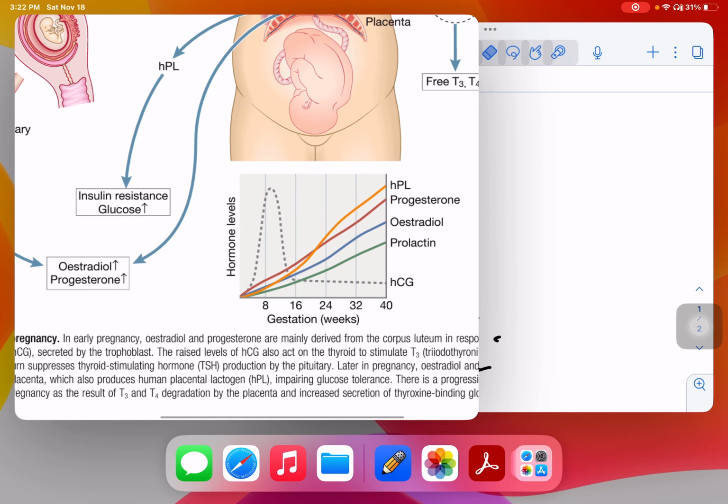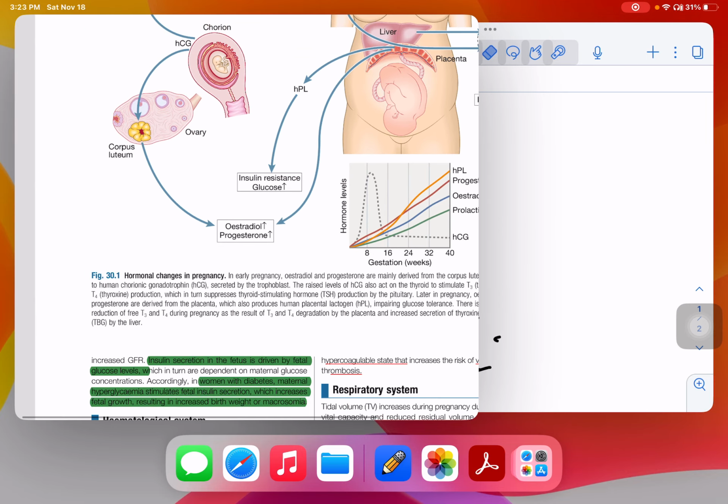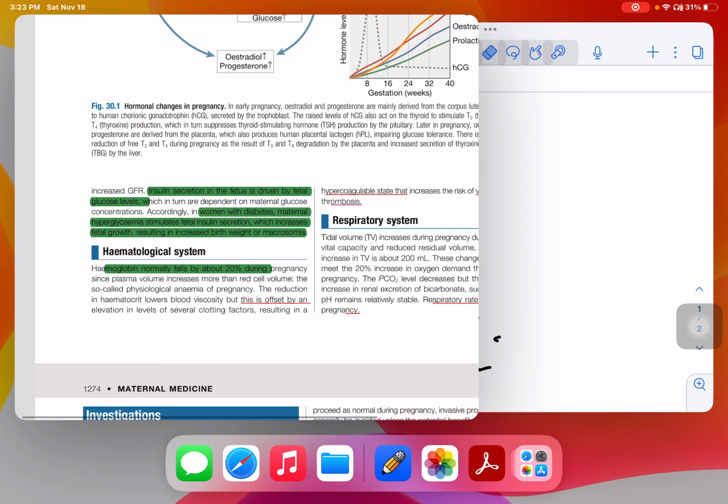We can also see hormonal changes: human placental lactogen increases over days, progesterone increases over days, estrogen increases over days, prolactin increases from the pituitary gland, and there is also reduction of beta hCG during the second or third trimester. So this is all about endocrine changes.